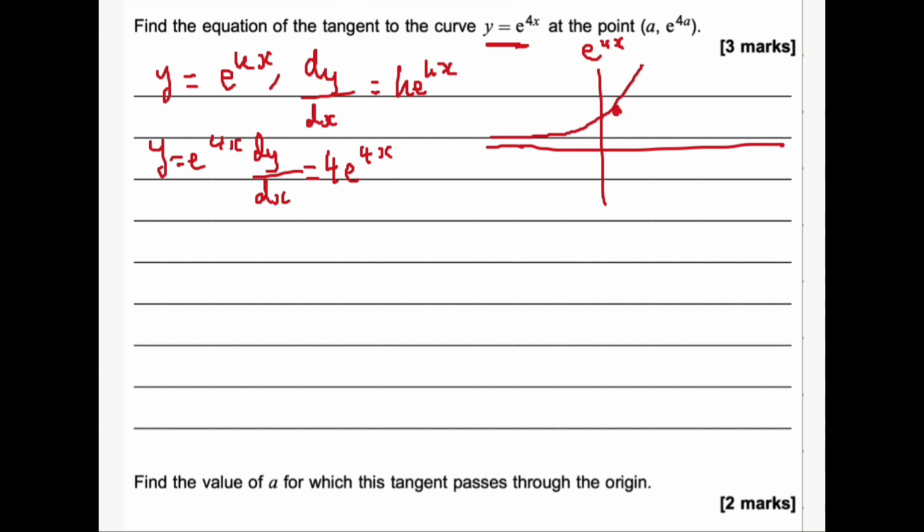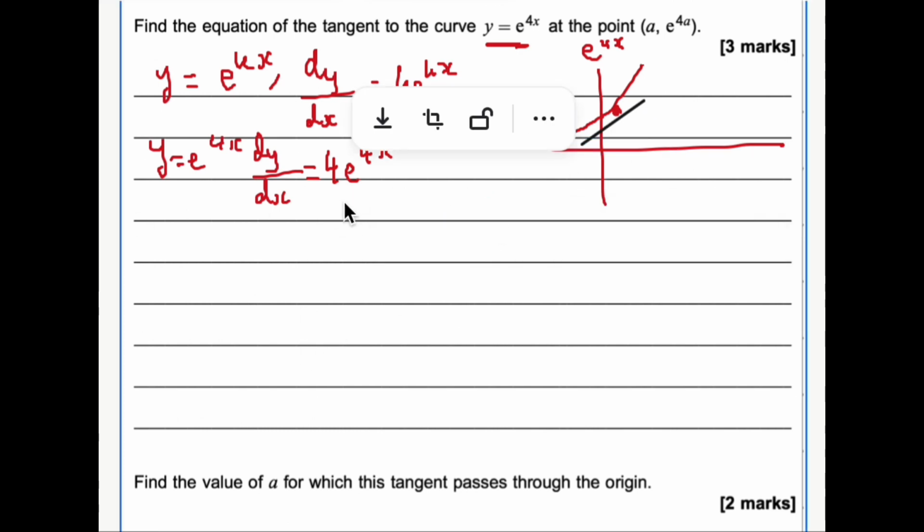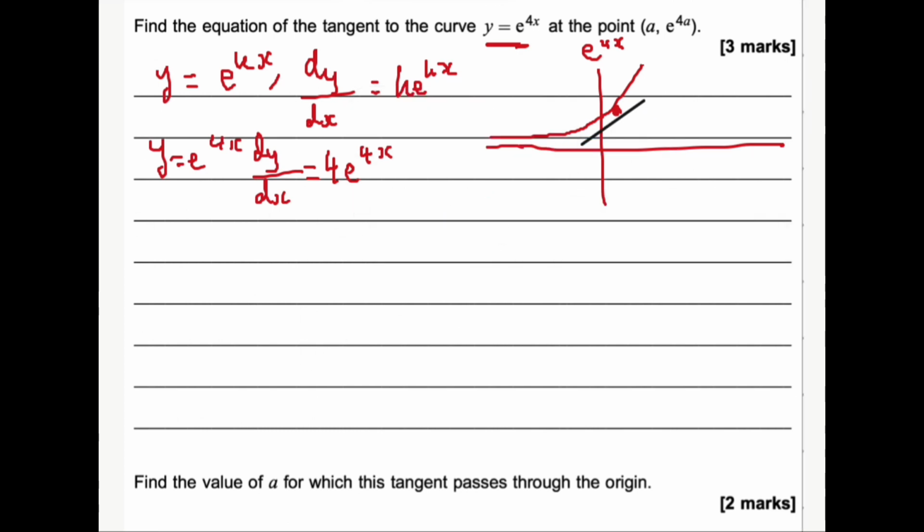A tangent is a straight line that meets the curve at one point, and what we know about the tangent is that the gradient of the tangent is equal to the gradient of the curve at that one point. That's why dy dx is helpful, because dy dx gives you the gradient of this tangent, this straight line.